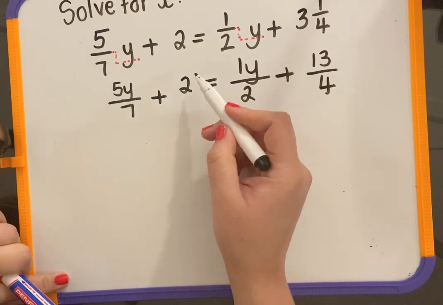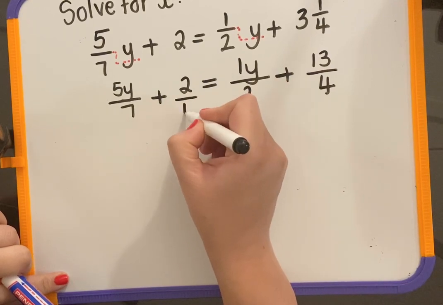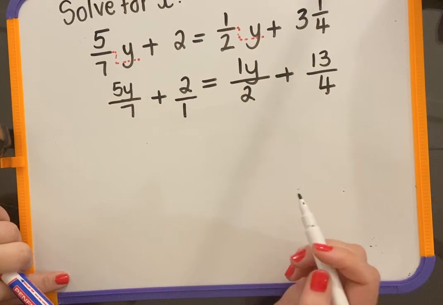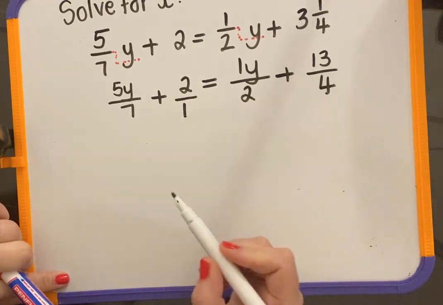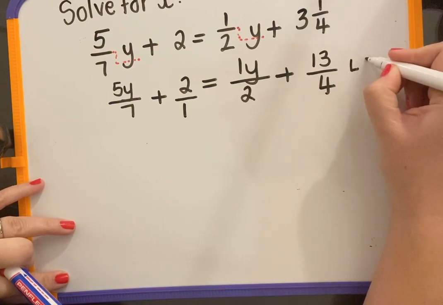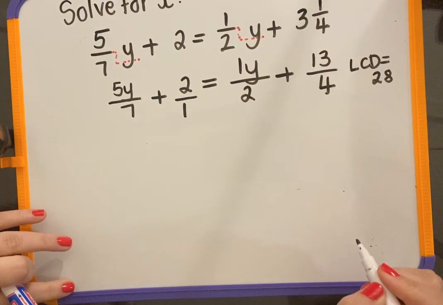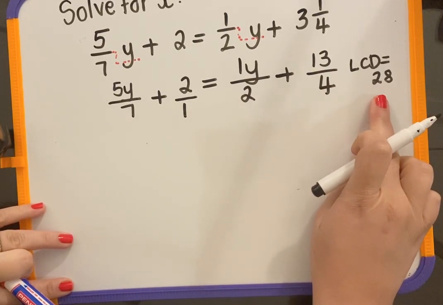Okay, now remember, this 2, yes, it's a whole number, but it still has a denominator of 1. Don't forget about that denominator. So we say to ourselves, what does 7, 1, 2, and 4 go into? So in this case, your LCD would be 28. So we say 7 goes into 28 how many times? 4 times.